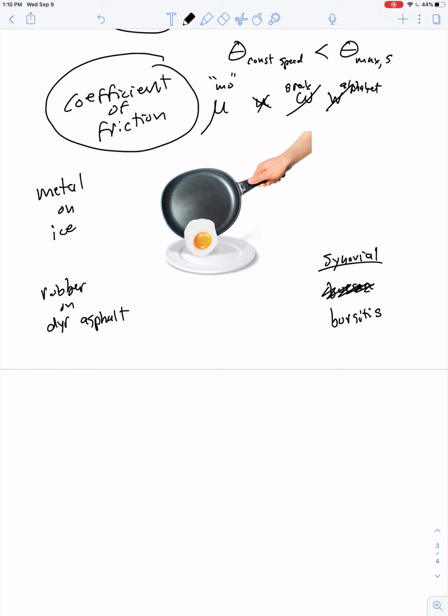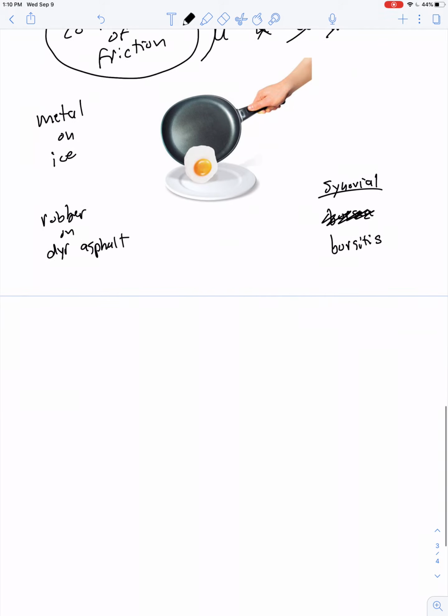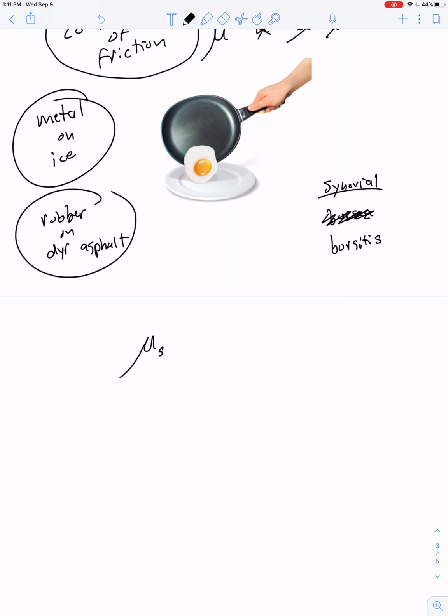Okay, so mu is our symbol for coefficient of friction, and there's a coefficient of static friction that describes how smooth or how rough two materials are that meet up and are held at rest, whether it's metal on ice or rubber on asphalt or cartilage on cartilage. And there's also a coefficient of kinetic friction that describes the roughness involved as those surfaces slide against each other.